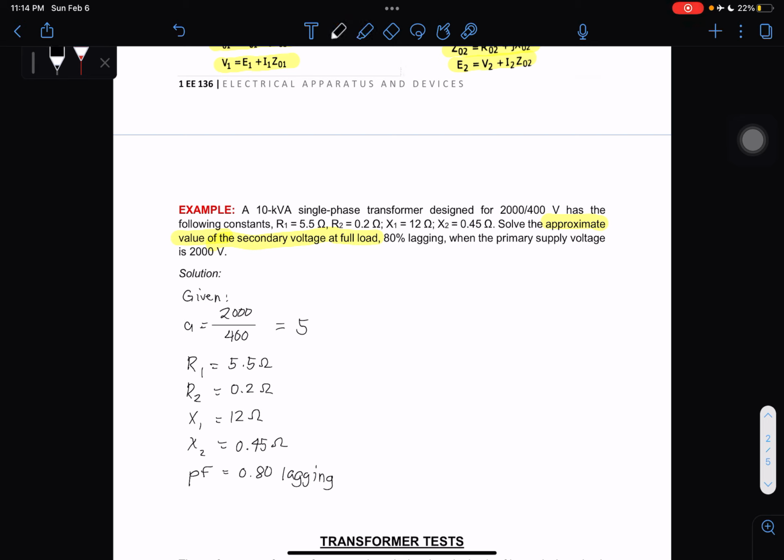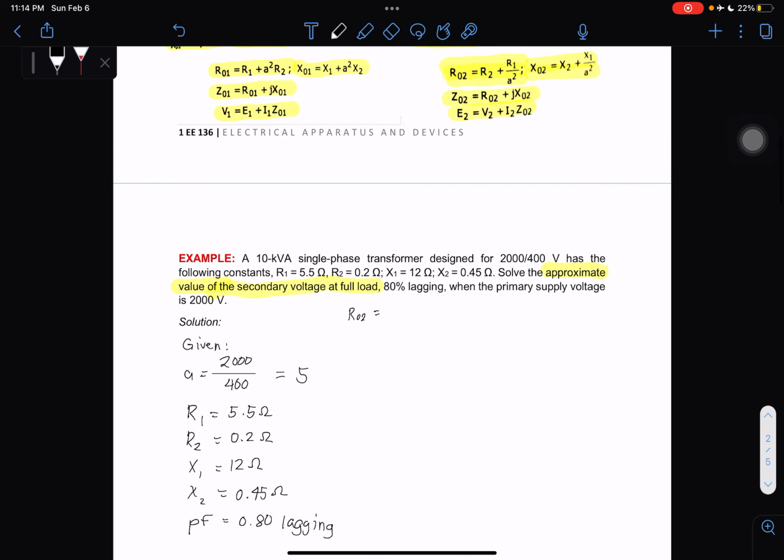After writing the given, we need to solve for our R02. To solve for R02, our formula is R2 plus R1 over A squared.